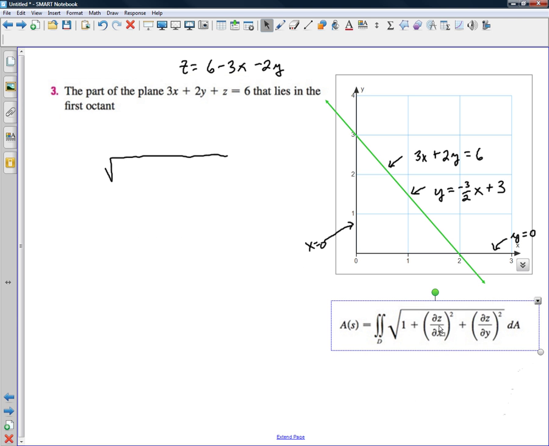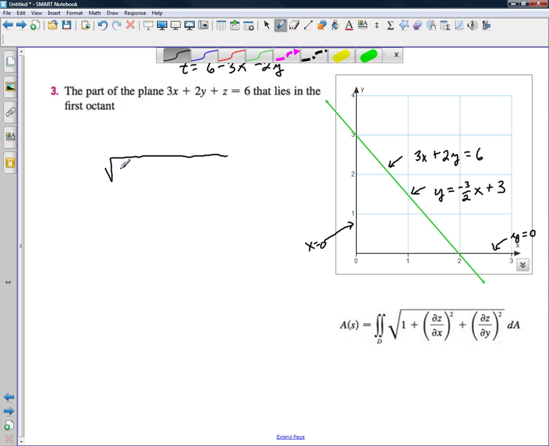That's what we're using. So under this guy we're going to have 1 plus, and then we'll take that derivative with respect to x, and it seems to me that we'll get negative 3, because this will be a constant and this will be a constant, so these will go to 0, and we'll get a negative 3 for the derivative with respect to x, and then the derivative with respect to y will get a negative 2.